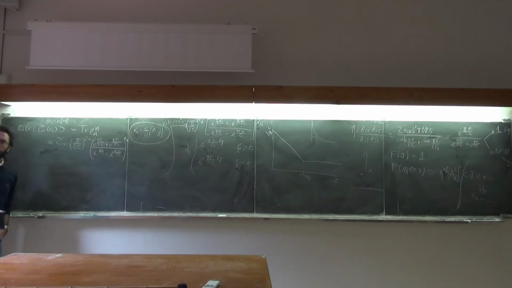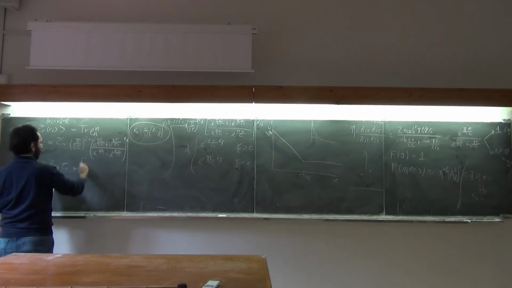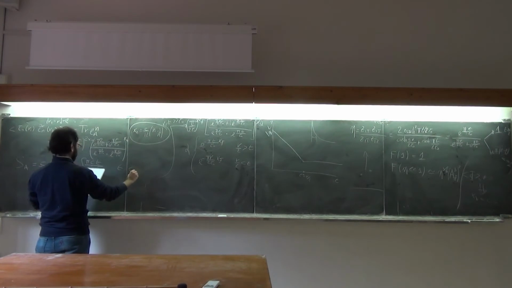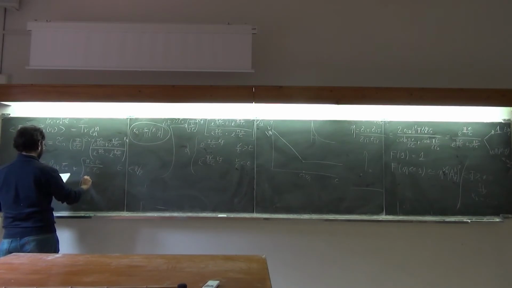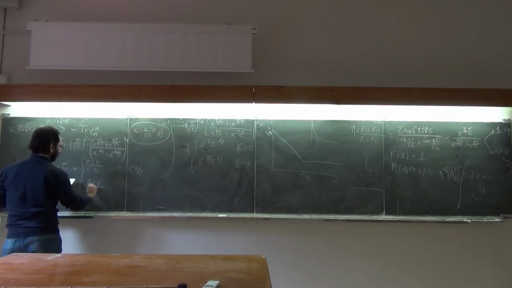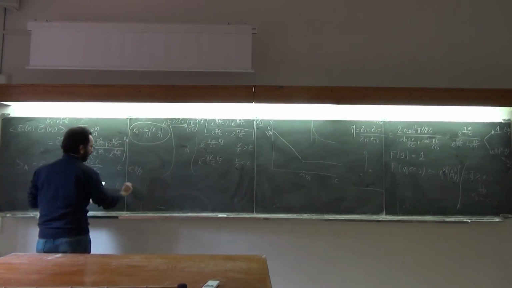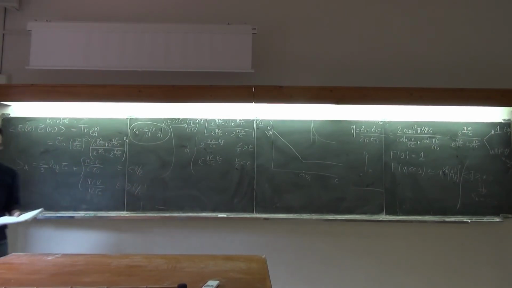If we take the derivative with respect to n and set n equal to 1, we get the entanglement entropy, which from this bit is c over 3 log tau naught, plus pi c t divided by 6 tau naught for t smaller than L divided by q, and pi c L divided by 6 tau naught for time larger than L divided by q.